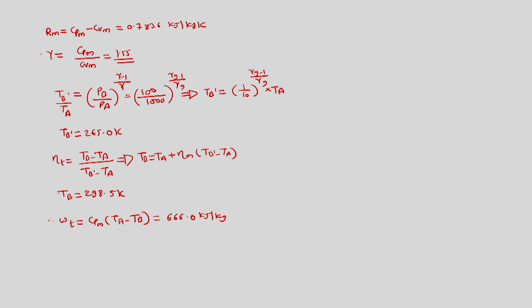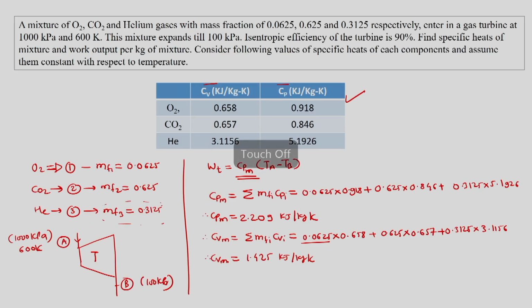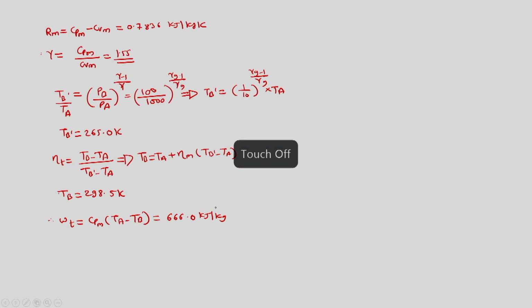So this is how we can solve the example for the mixture. We were asked in the example to find out specific heat of the mixture and work output per kg of the mixture. So we found out work output. Work output could also have been found as efficiency into Cpm into Ta minus Tb dash.